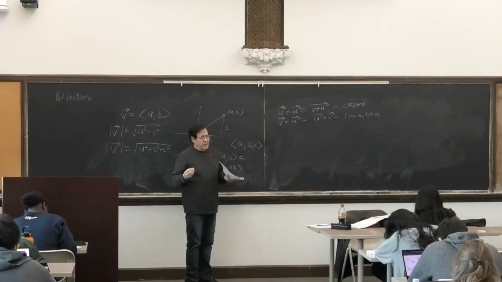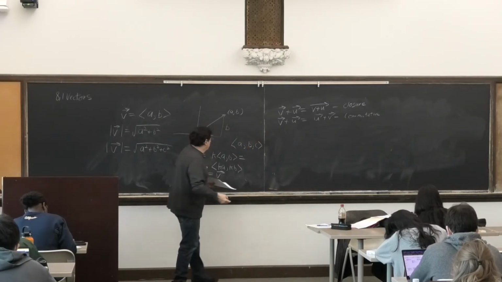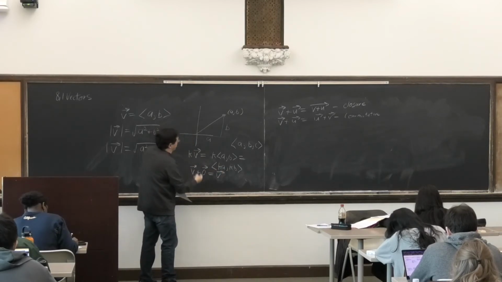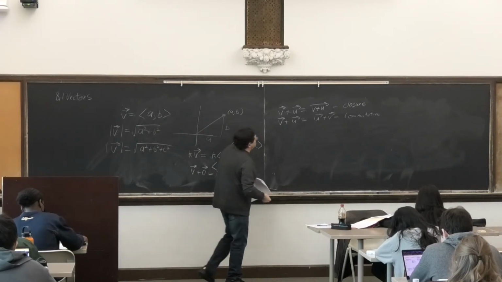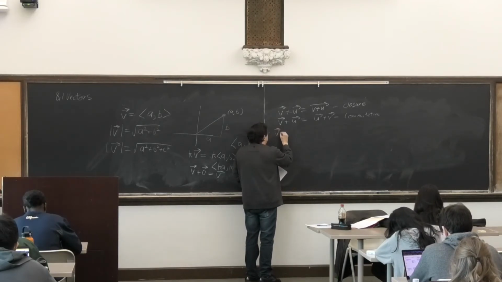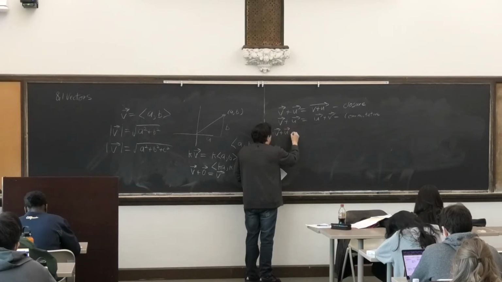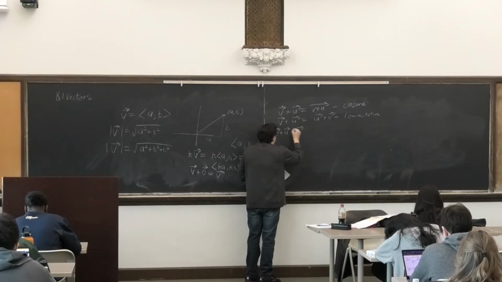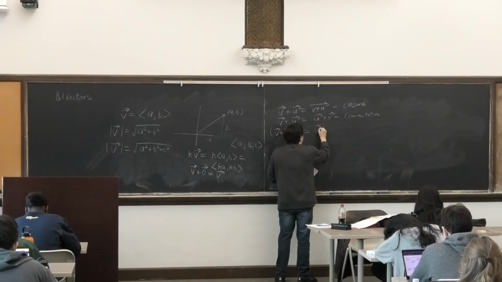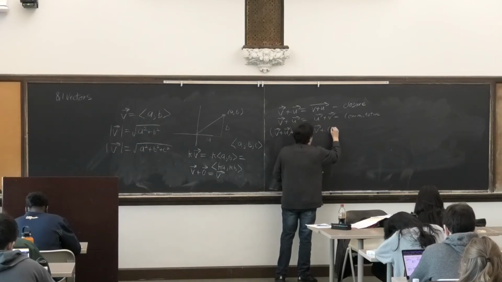Now, if you think about how we add vectors, which is by adding their coordinates, I don't have that up here, but it's pretty easy to see that this is going to be associative exactly because numbers are associative.